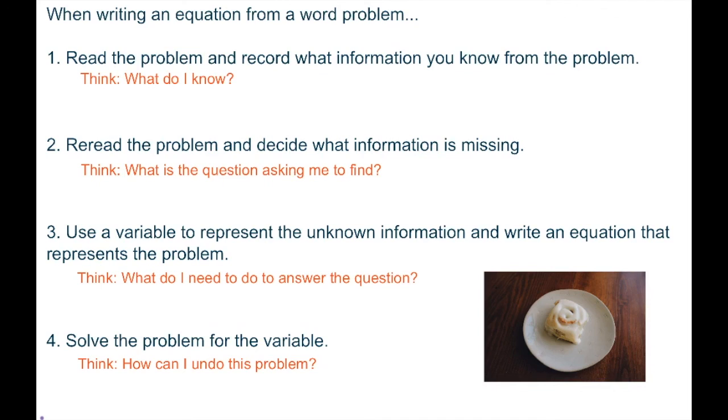And now instead of writing an expression that doesn't have an equal sign, we're writing an equation that represents how what we have and what we don't know is related to the total. And then we're using our inverse operations to undo the problem and solve for the variable.